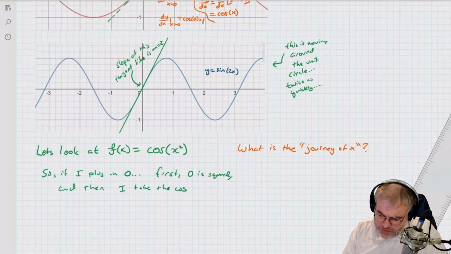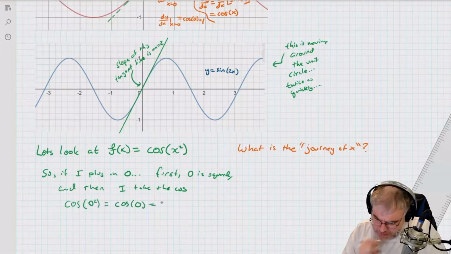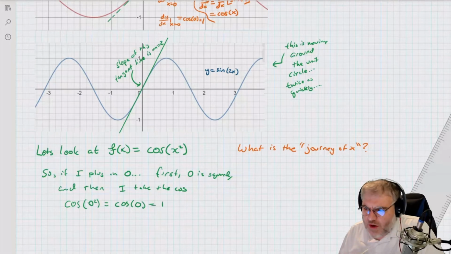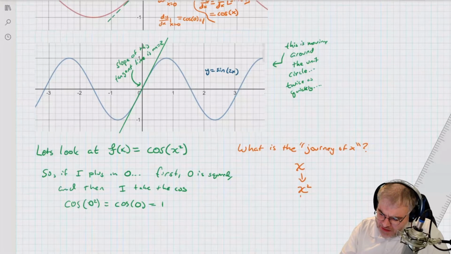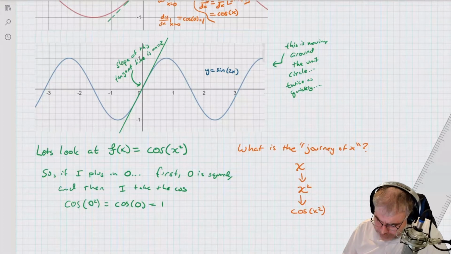So I would get cosine of 0 squared equals cosine of 0 equals 1. So here, what is the journey of x? Well, the journey of x is that first x comes along, it gets squared, and then cosine is applied. And this is called a chain.